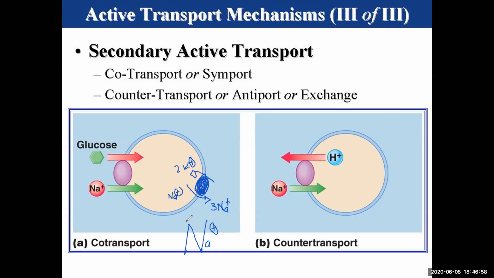And that concentration gradient helps the sodium, this one, to use this transporter to get in. So when sodium gets in by this sodium glucose transporter, glucose gets a free ride. So here, this is the free ride for glucose.